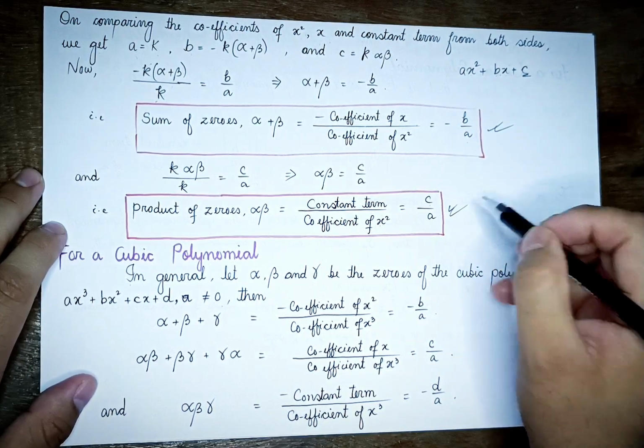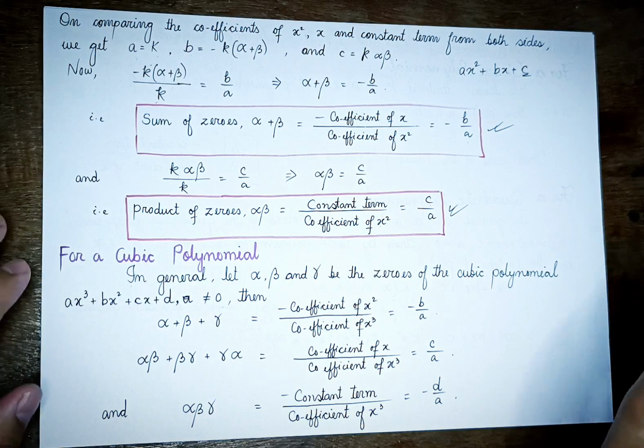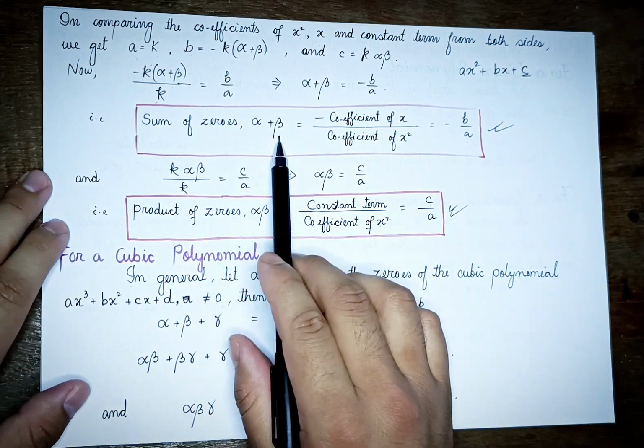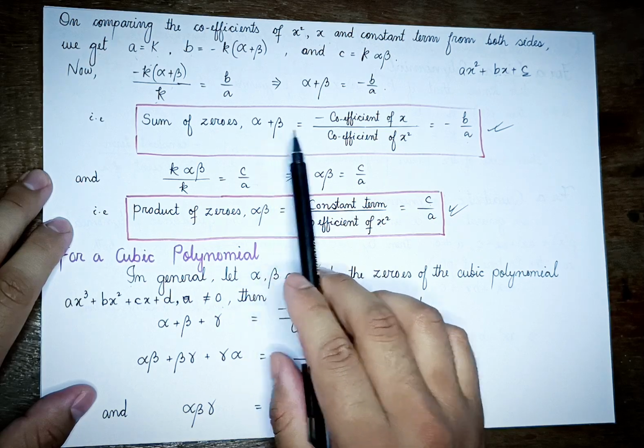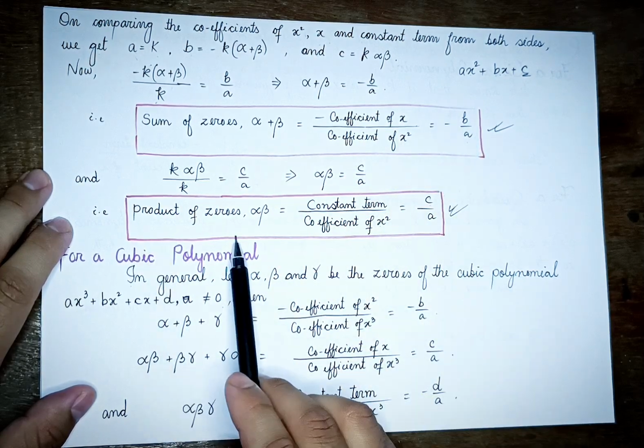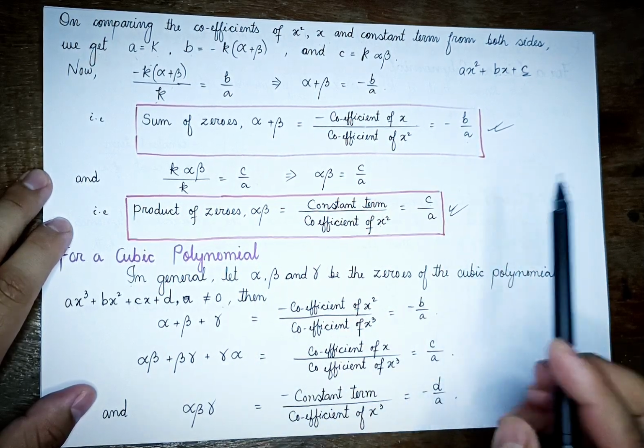You must learn this by heart also. Let's revise: the sum of zeros, alpha + beta, gives -b/a, and the product of zeros, alpha beta, gives c/a.